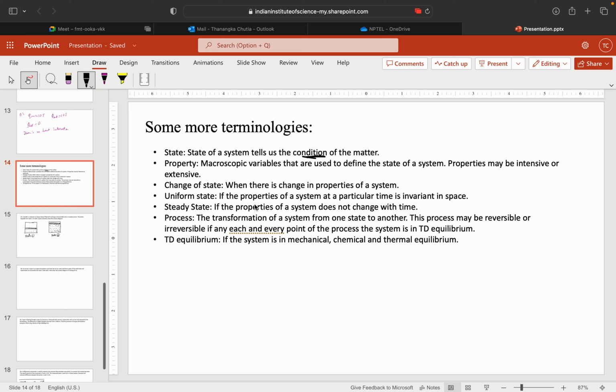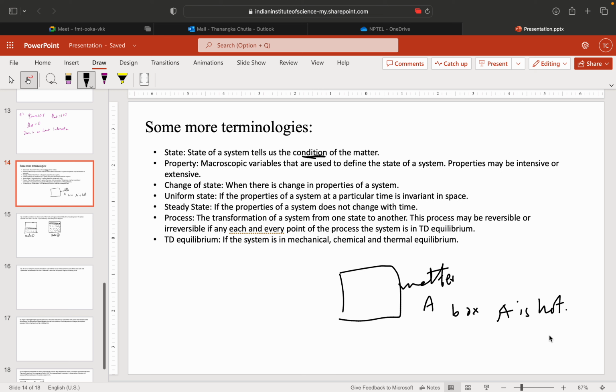Suppose this is my matter, a box A which contains some matter, and I am saying that my box A is hot. This is a state of the box.